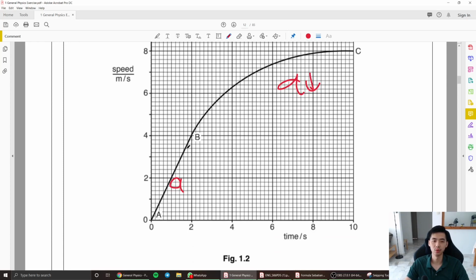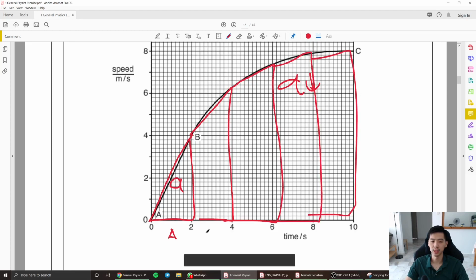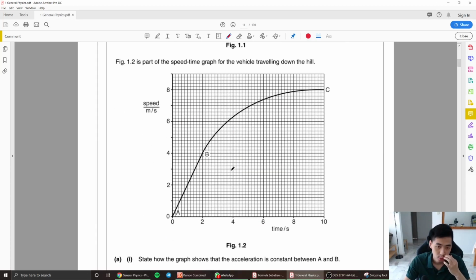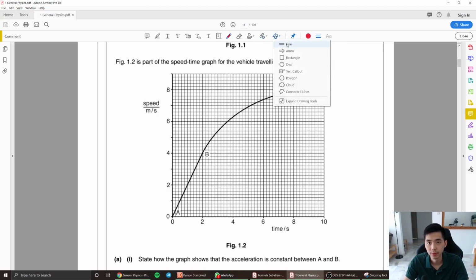So what you're expected to do is separate this graph into many sections. The first section being this part here. We'll call this section A. Then we'll separate this part into section B. And we'll separate this part into section C, this part into section D, and finally this part into section E. A, B, C, D, E, right? So you're supposed to separate these into different sections. The first section being here to here.